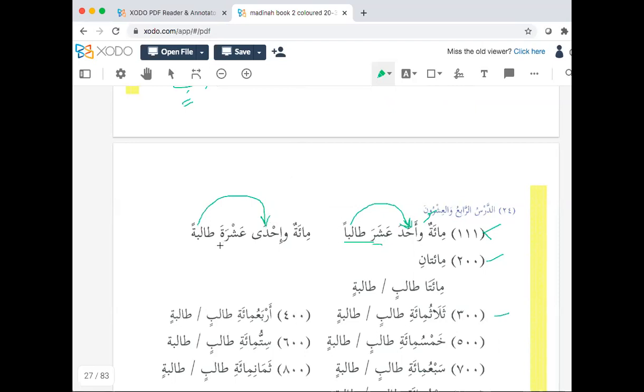So both sides of this number أحد عشر is موافق للمعدود, goes in line with the معدود.